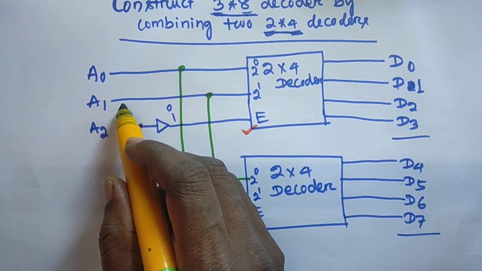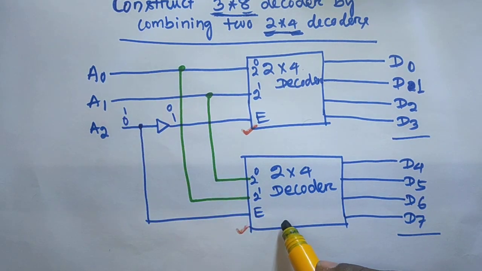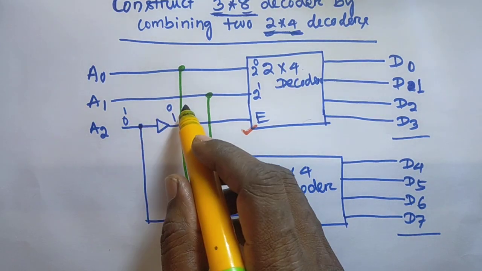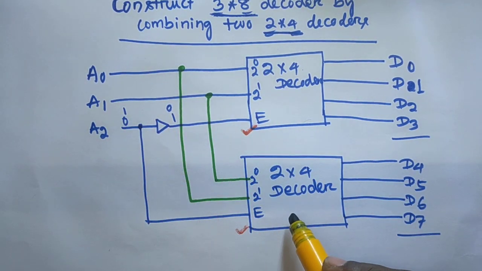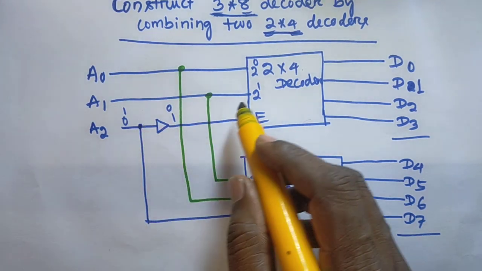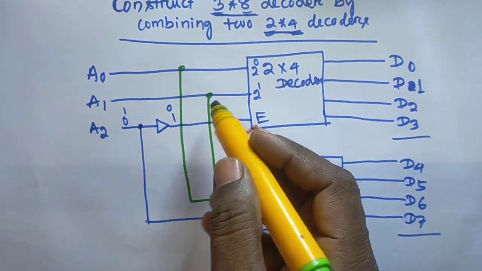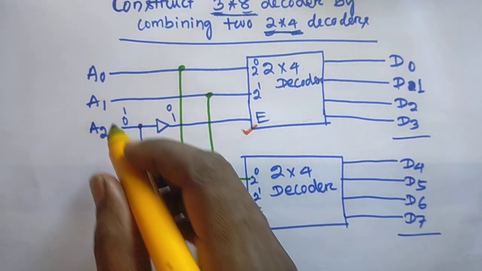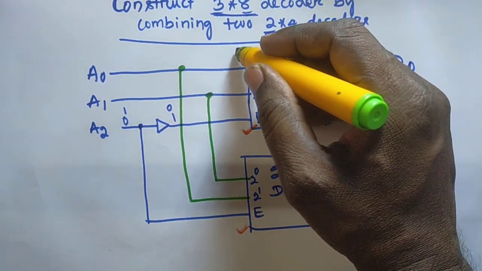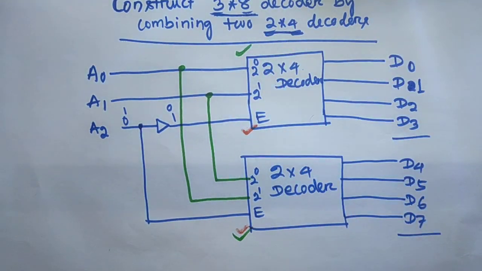If it is 1, then the second decoder will act and the first one will be inactive. Either 0 or 1, because we can give 2 values by the third input, and based on that, the decoder will be activated.